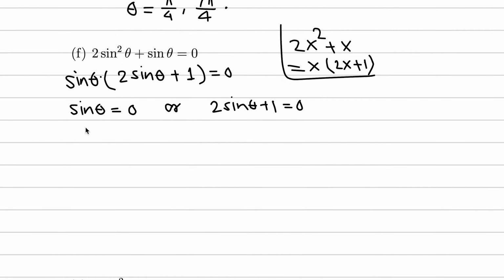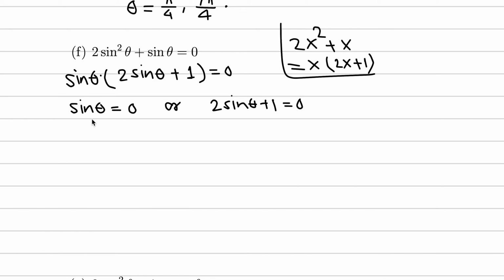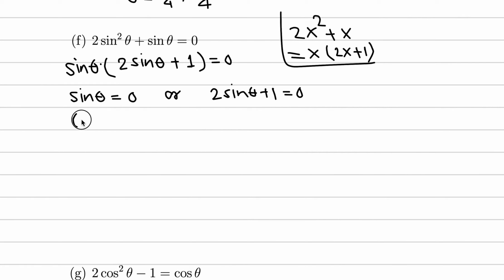From the first one, sine means y coordinate being 0. That is at 0 radians and pi. From the other one, subtract 1 from both sides, divide by 2.